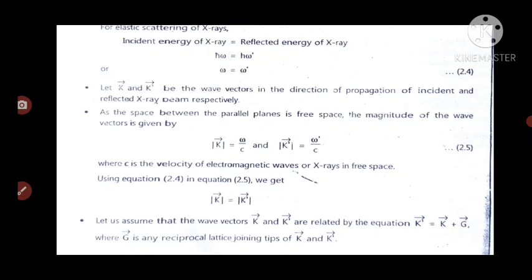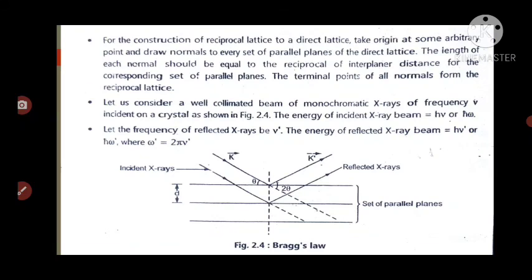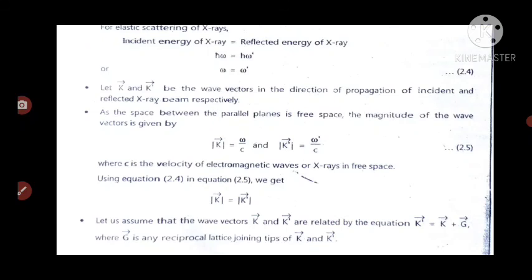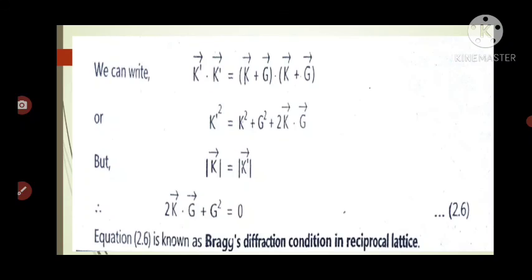It is assumed that k bar and k bar prime are related by k bar prime equal to k bar plus g bar, where g is the reciprocal lattice vector joining the tips of k bar and k bar prime. For this condition, k bar prime dot k bar prime is the product of two vectors, k bar plus g, taken twice.